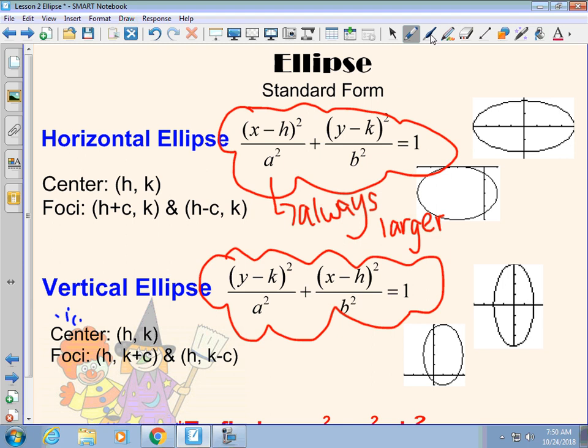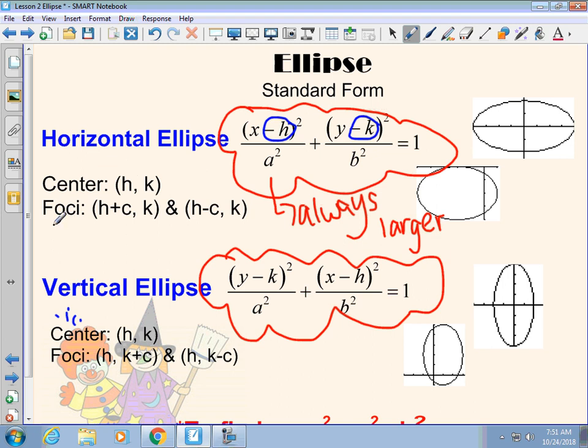Our center is coming from H and K, and those are those numbers that are going to be in the equation there next to the X and the Y. Notice that it is a minus, so when we take the center point, it's actually the opposite of. So it's negative H up here, and it's actually a positive H here.